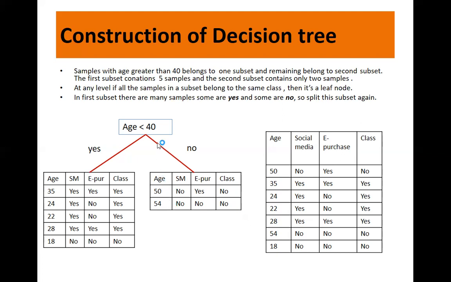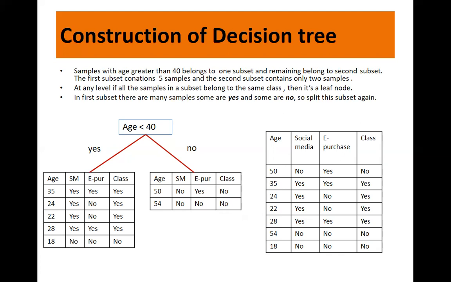So now using this age as a root node, we could split it into two parts where the age is less than 40 and the age is greater than 40. Fine. Now if you look at it carefully, this is subset 1, this is subset 2. Subset 1 class labels have a combination of yes and also no. But the class labels of subset 2 are all the same, right?